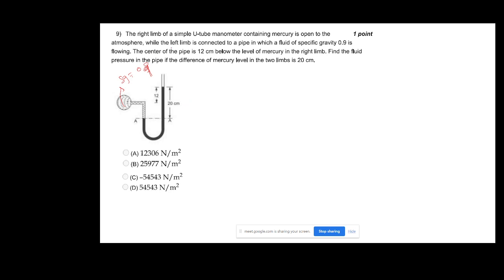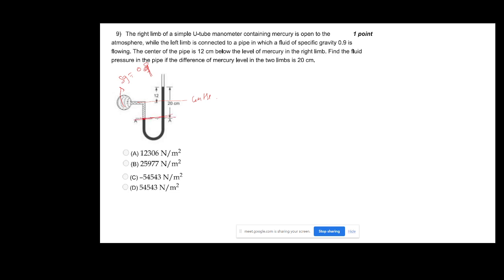Also, the center of the fluid is 12 centimeter below the level of mercury in the right limb. So this is the center. Find the fluid pressure in the pipe if the difference in the mercury level in the two limbs is 20. So this difference is given as 20. This is the mercury level.